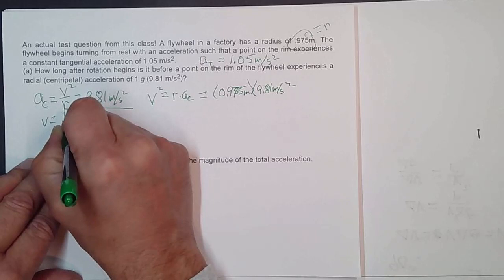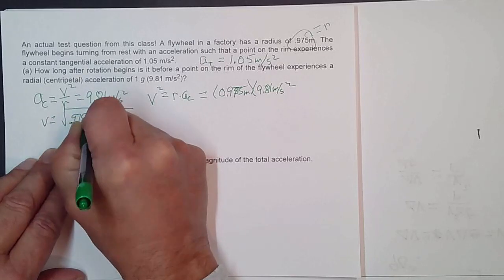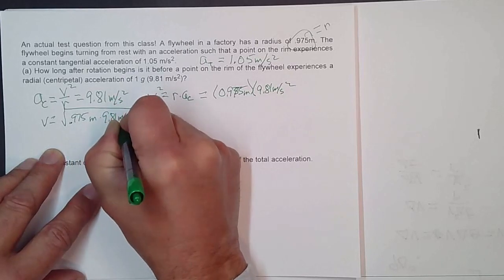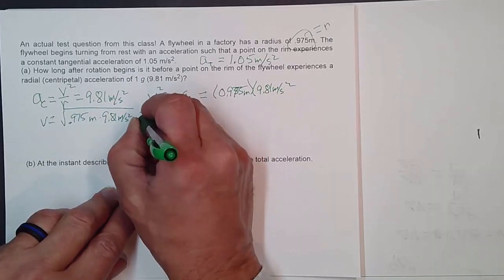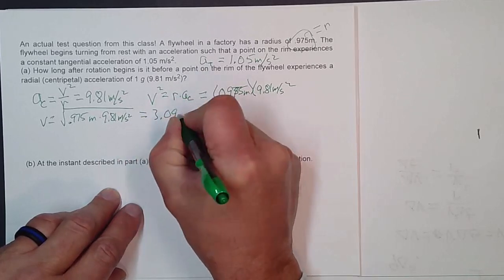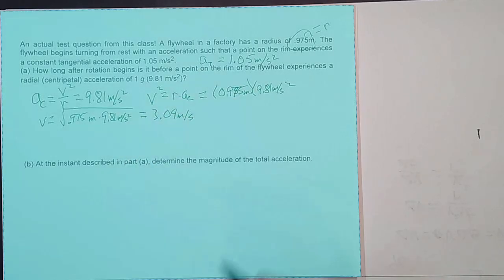So 0.975 meters times 9.81 meters per second squared. And I get v is equal to 3.09 meters per second.